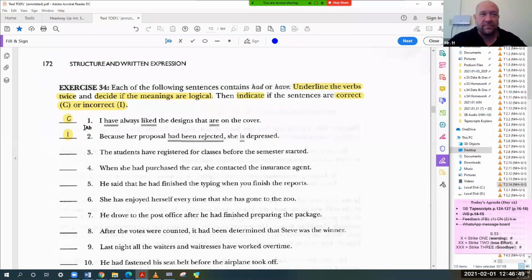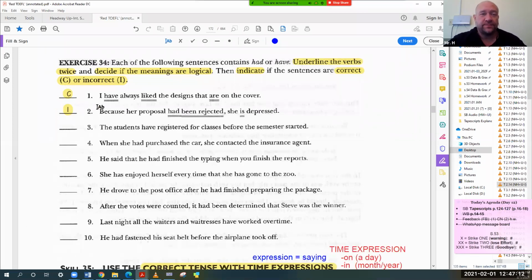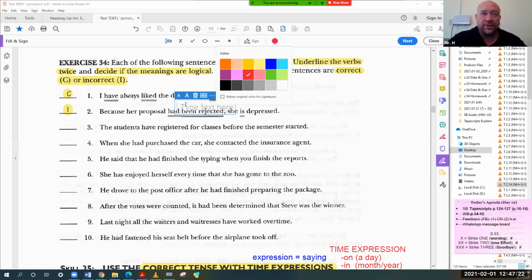All right. Look at number 2, Ayed. Because her proposal had been rejected, she's disappeared. Depressed. Depressed means very sad. Why is this one incorrect? Is the verb is. Remember, this is W, right? W is perfect. Yes.